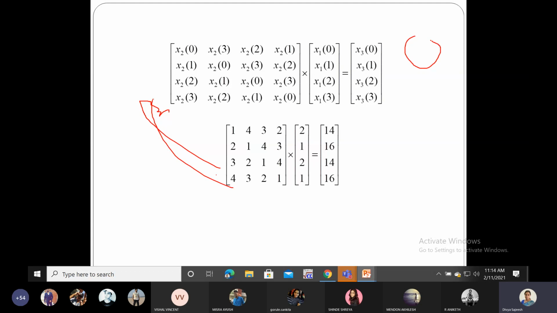In that circle you position the 4 samples at the circumference and shift them in the anti-clockwise direction. Here x2 of 0. What is the last element? It is x2 of 3.